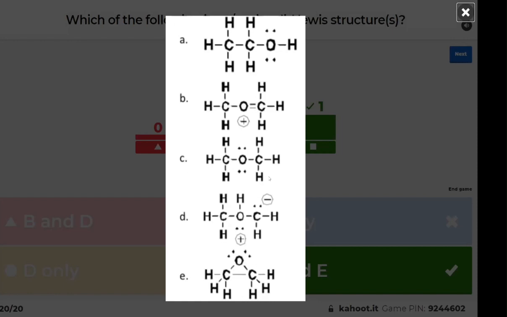C is valid. D is also valid because although you can see there's a negative charge and a positive charge, it seems pretty weird, but you can make sense of it because the carbon has 8 electrons around it, and it has a formal charge of -1, and the oxygen also has 8 electrons around it, so this makes sense. E has a 5-bond carbon. Actually, 2 5-bond carbons. So B and E are not correct.